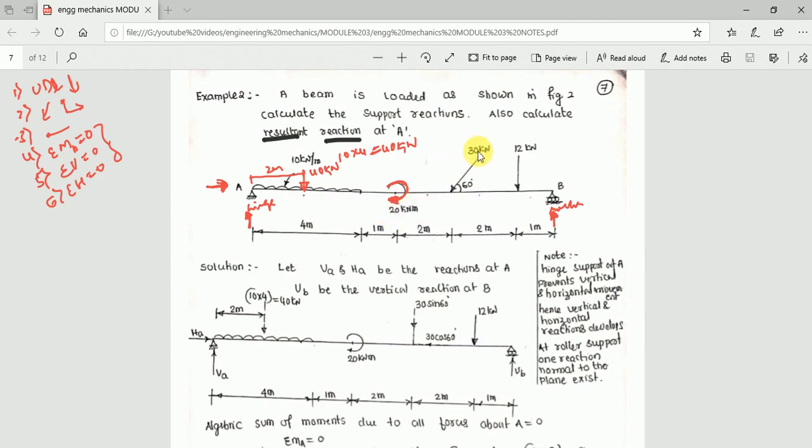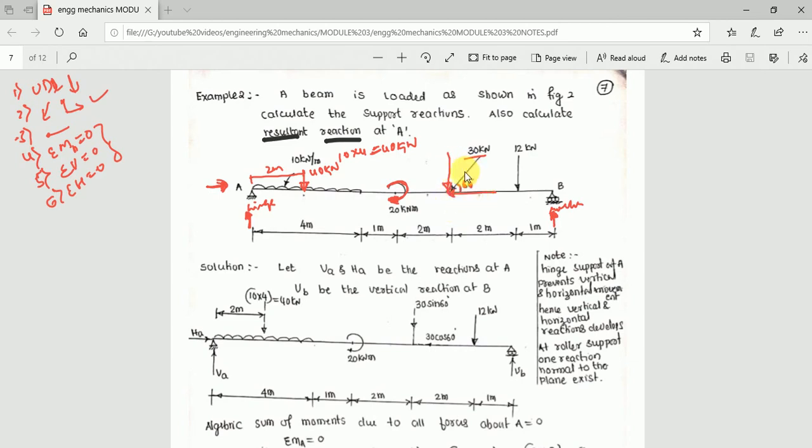A 20 kilonewton meter moment is acting. One more thing, a force of 30 kilonewton is acting at an angle of 60 degrees. So the second step is to resolve this inclined load into horizontal and vertical components. This is the vertical component and this is the horizontal component.